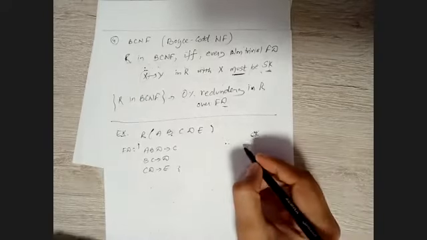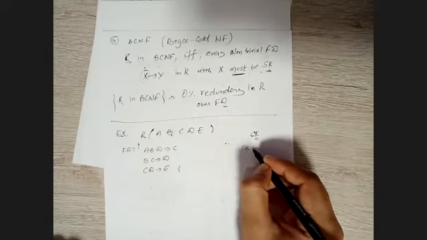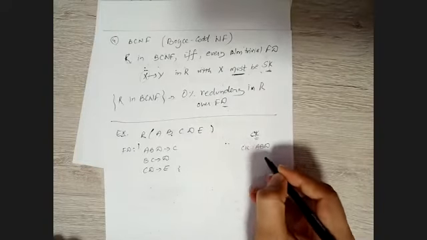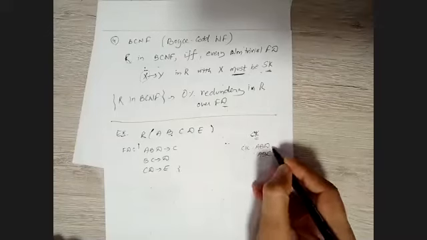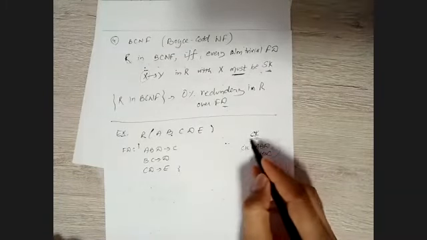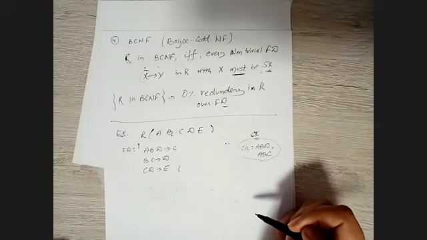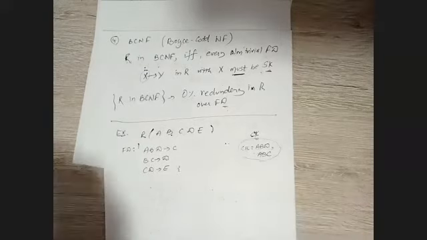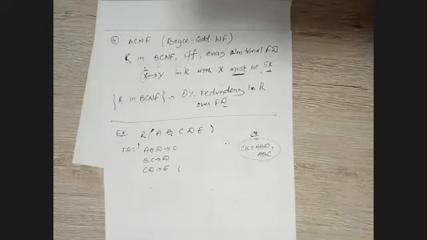In this question, I have found the candidate keys are ABD and ABC. Two candidate keys over here. Now check which is the highest normal form. When we talk about questions to identify the highest normal form, we generally start from the back.